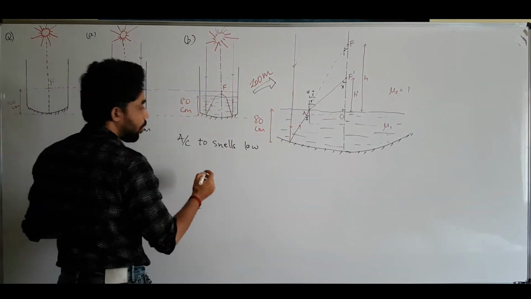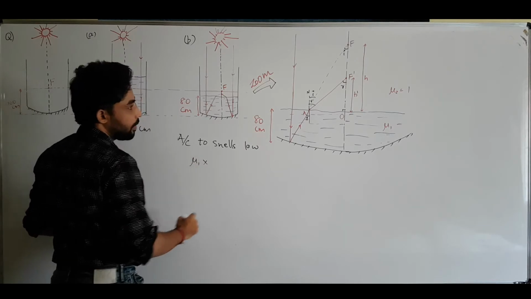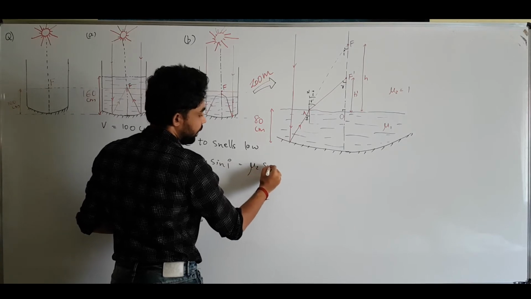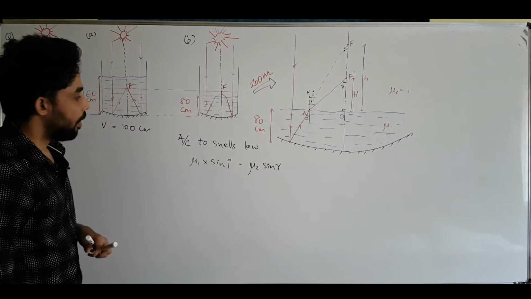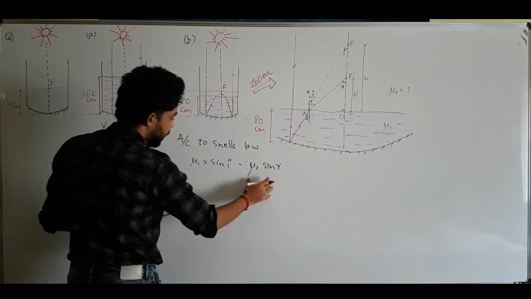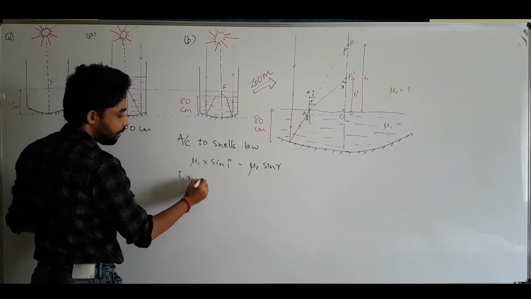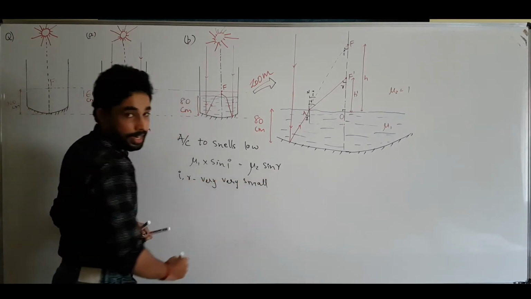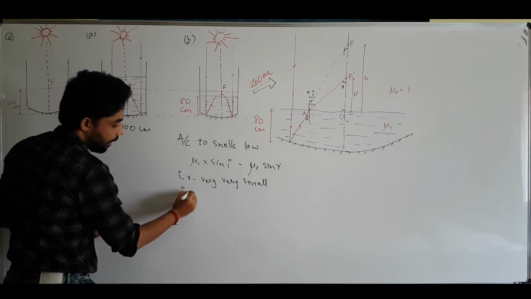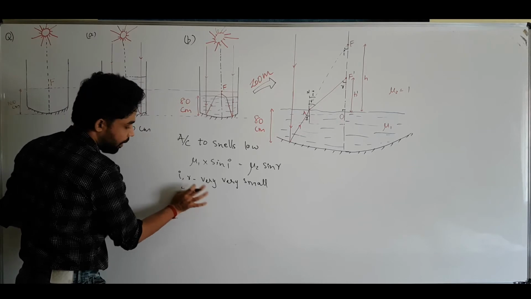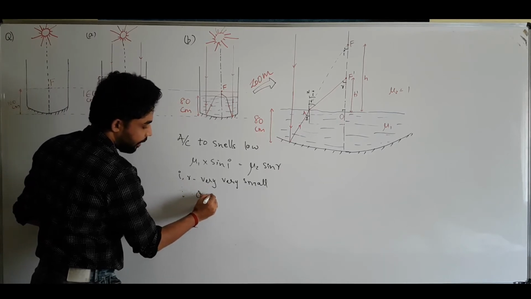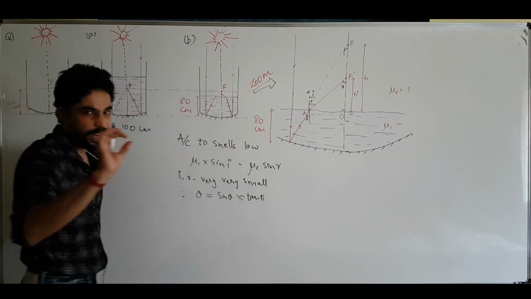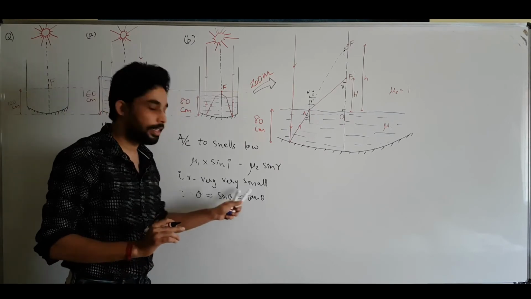So mu1 times sine I should be equal to mu2 times sine R. And if I consider the angles I and R to be very small, then I can make this approximation that an angle theta can be approximated as sine theta or tan theta.